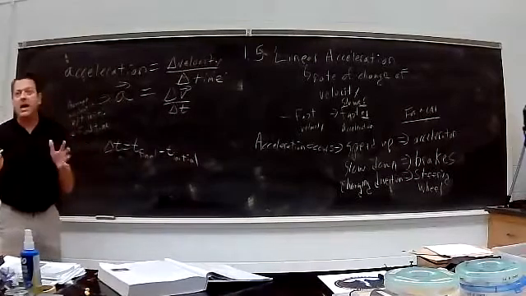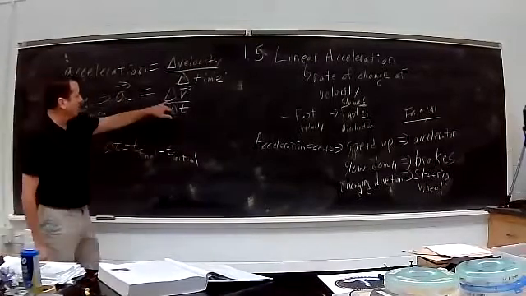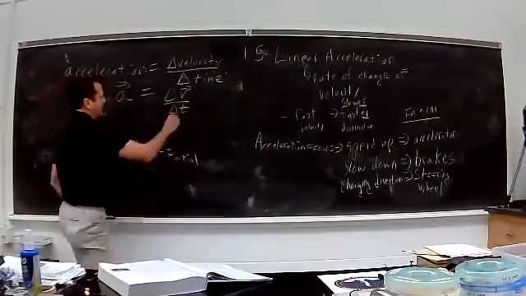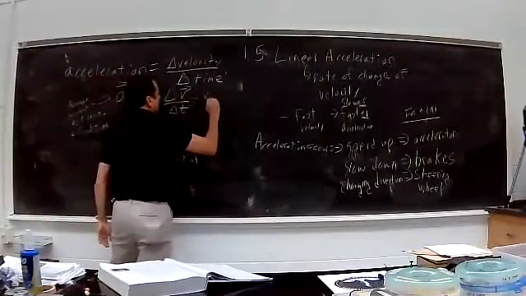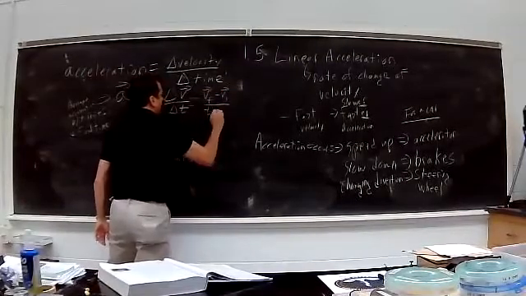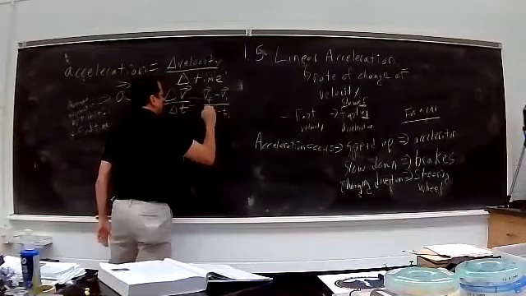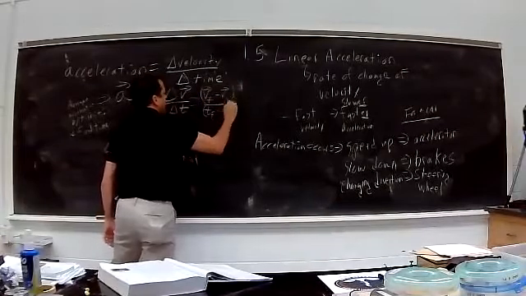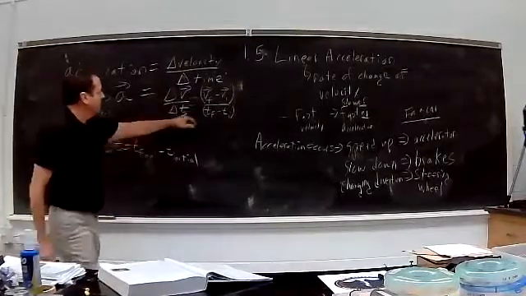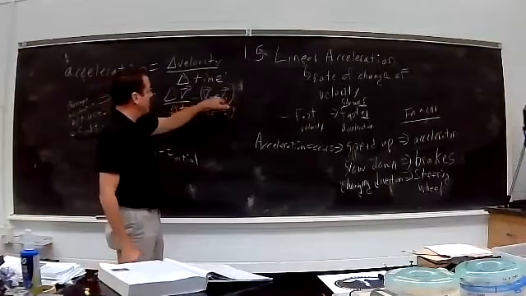We only have data for this because we have the initial velocity and the final velocity, initial time and final time. If we want to write this out, I could say this is V final minus V initial over T final minus T initial.